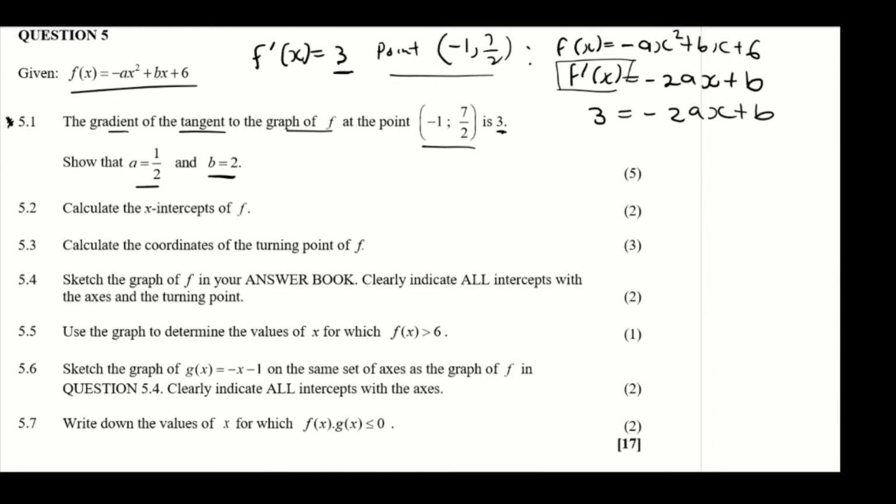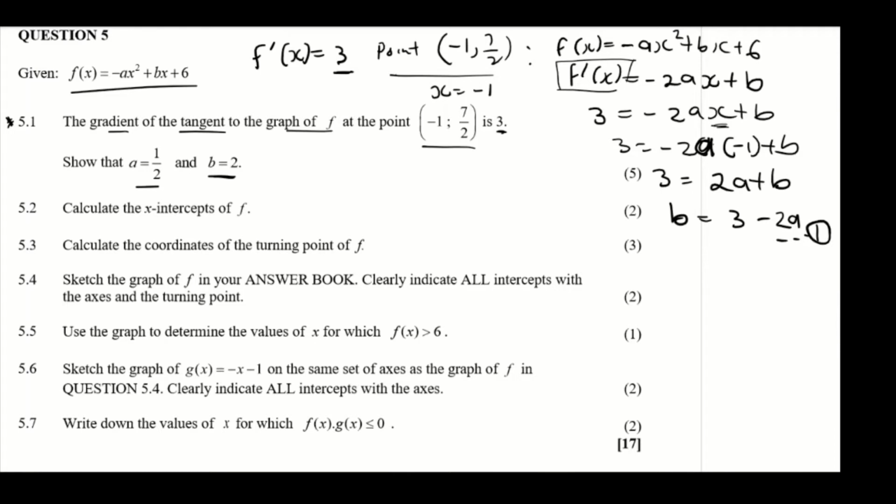According to the point, x is equal to -1, so you substitute -1 here: 3 equals -2a into -1 plus b. So you have 3 equals 2a plus b. To write this properly, b equals 3 minus 2a. This would be your equation 1.